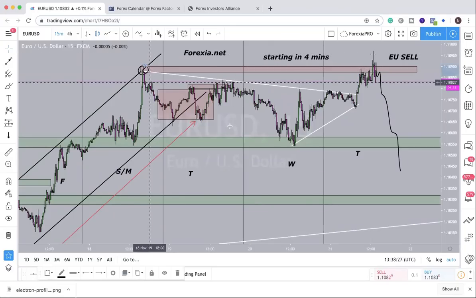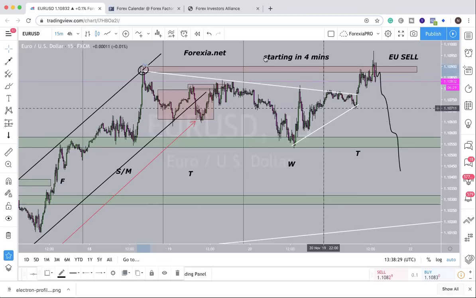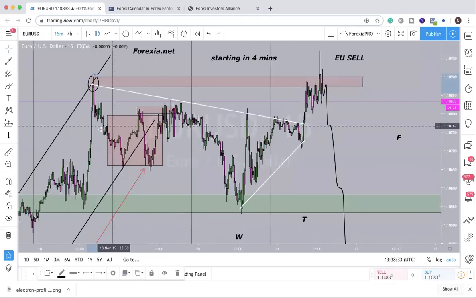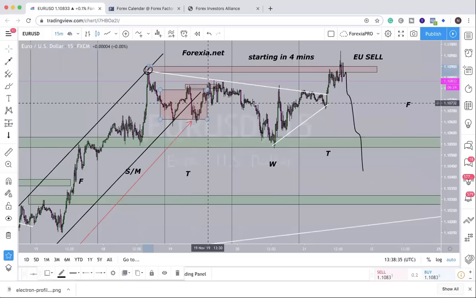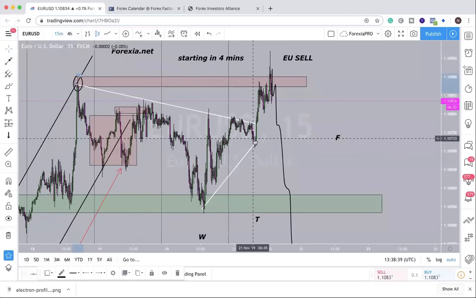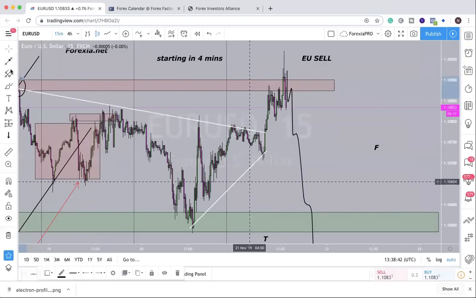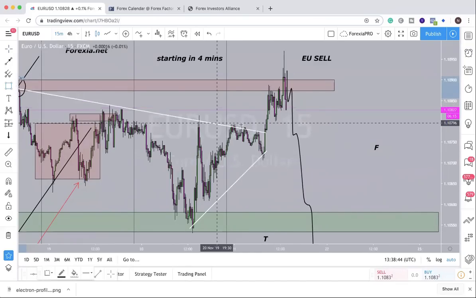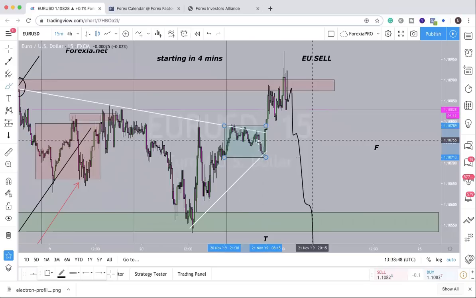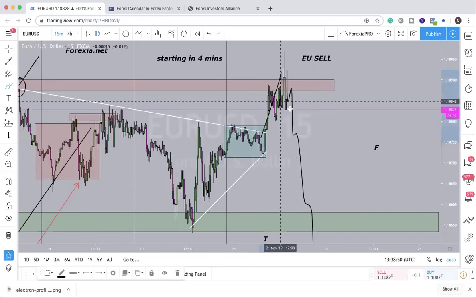And then they just kind of worked off that high. They worked and worked. This is Tuesday. Wednesday, came to a point of that wedge, broke out. Asian session consolidation, London session breakout, New York session reversal.